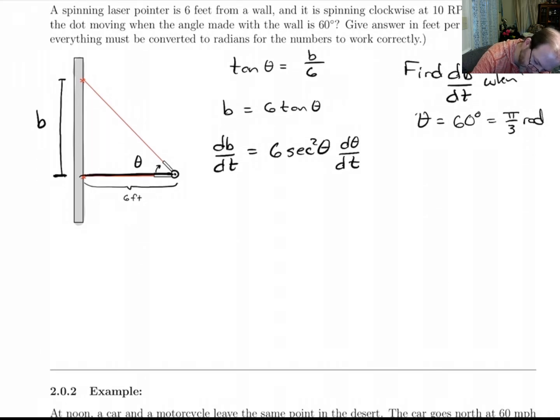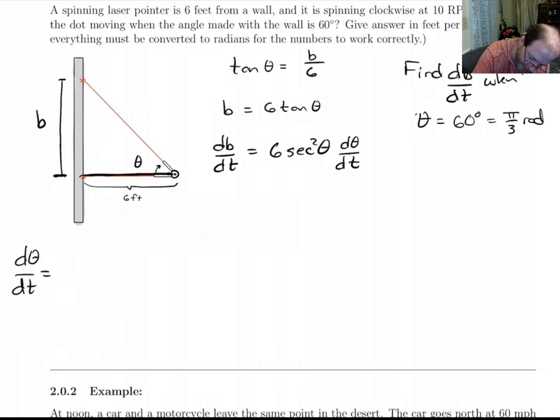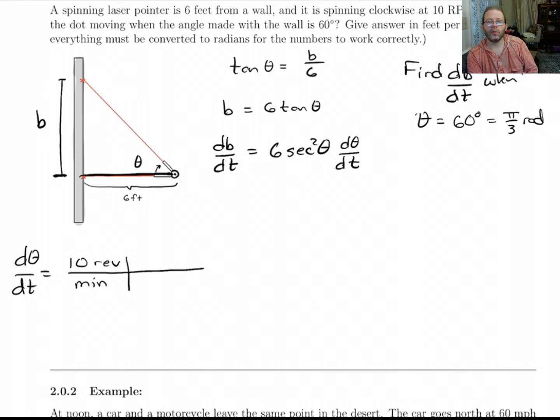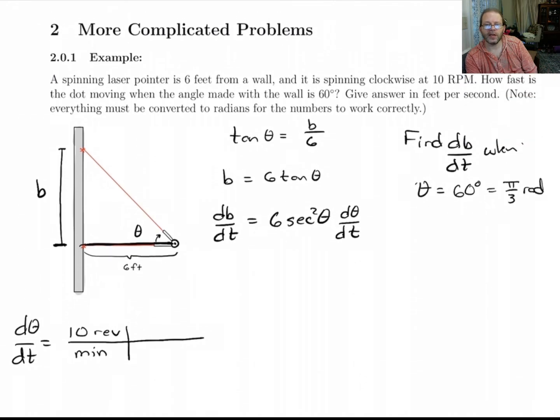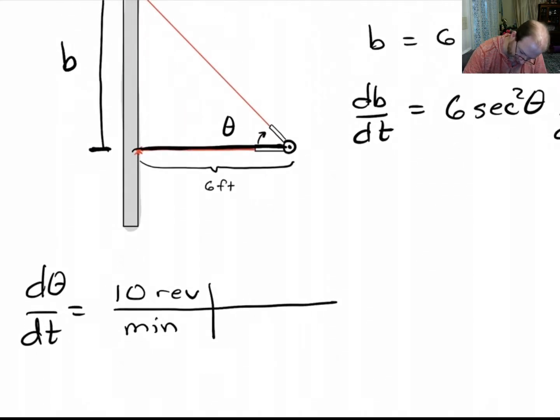So d theta/dt. I'm going to bring that over here to do it because it's going to be slightly long. So d theta/dt, that angle is changing at a rate of 10 RPM, or revolutions per minute. Now, they want the answer in feet per second. So we need to convert this from revolutions into radians, and we need to change the time from minutes into seconds. So I'm going to do that with dimensional analysis here.